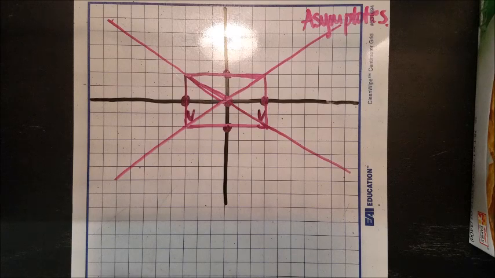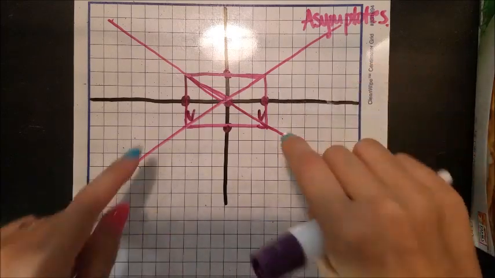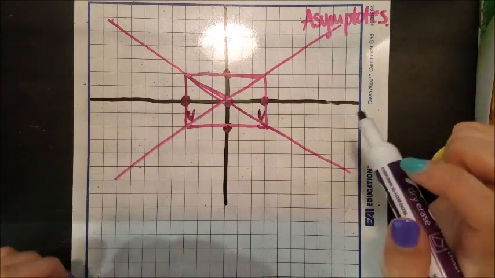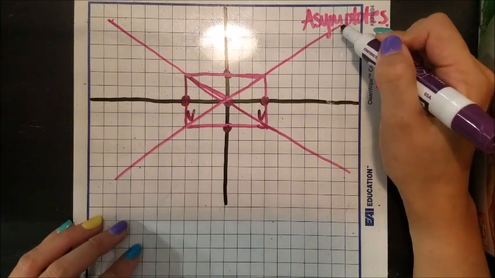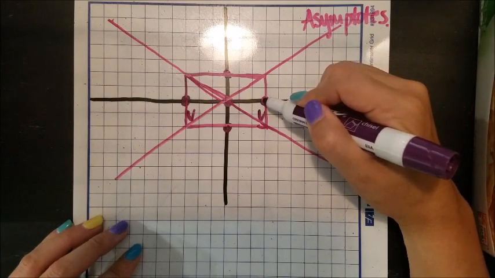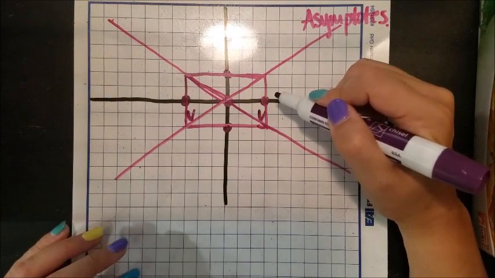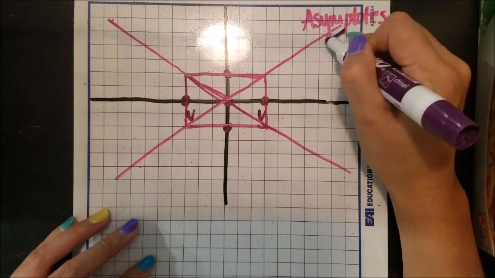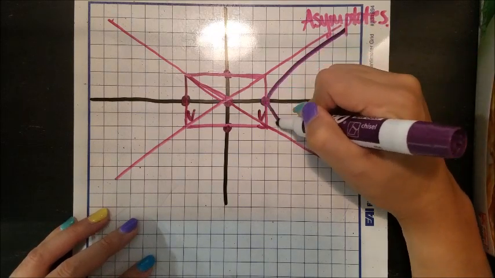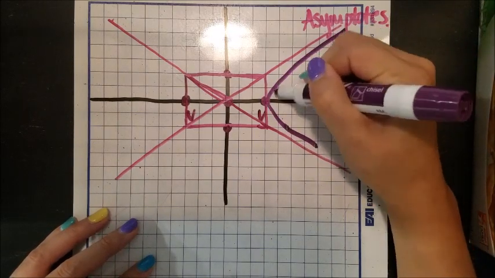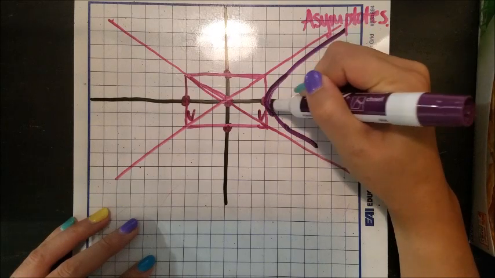Once we have our asymptotes drawn, then we can go ahead and draw our hyperbola, which goes like this. So remember we said start from your vertices. It's going to make that U shape right there. So this vertex has to be the bottom of the U then. So it'll look like this. So the way I'm drawing it is that the U has to be where the vertex is.